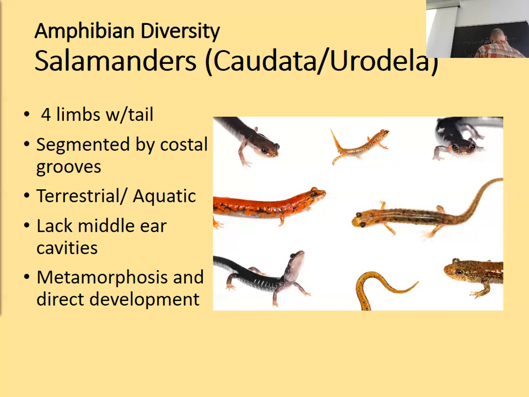So they're obviously smaller and they need to grow, but there's no marked difference in their body structure or anything like that. So for example, the Plethodon salamanders that we'll actually see later in the semester, the babies are born and they're just super teeny tiny little cute adults. They don't look any different. They don't have gills or anything like that. So we have both forms of life history in salamanders.